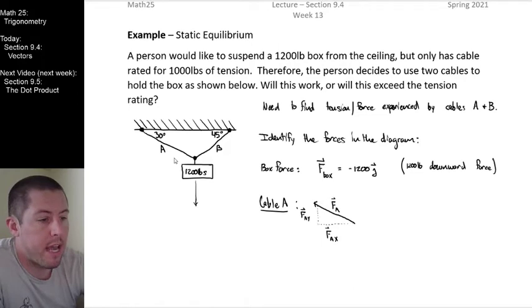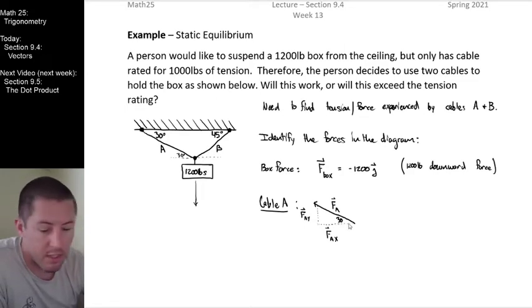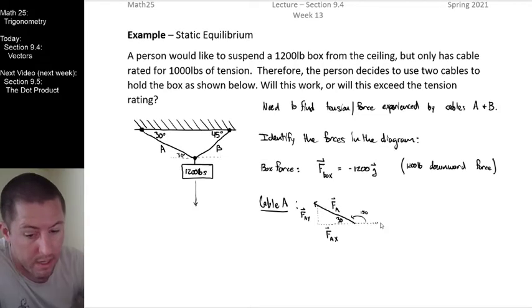Furthermore, what I know is that since this is a 30-degree angle right here, it seems like this must also be a 30-degree angle. And therefore, there's going to be a 150-degree angle that's opening up over here. Or rather, we can think of this as being 150 degrees from standard position right there. That might be our useful quantity right there.